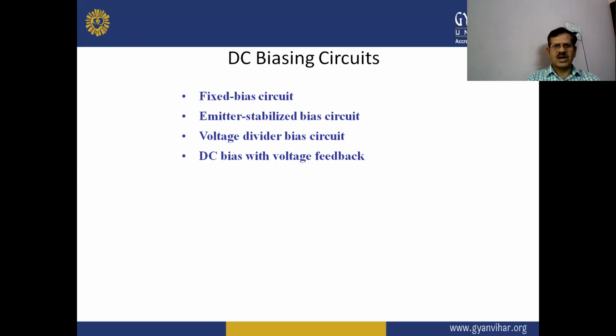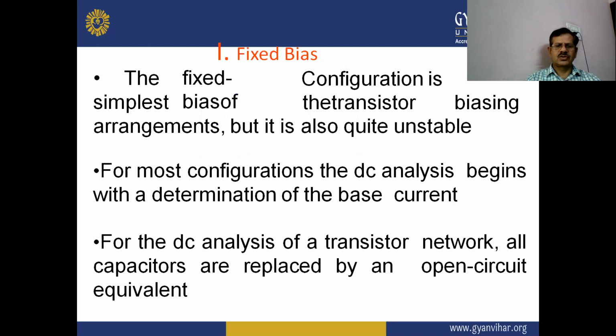So there are four types of DC biasing circuits in this BJT theory. First we will discuss the fixed bias.